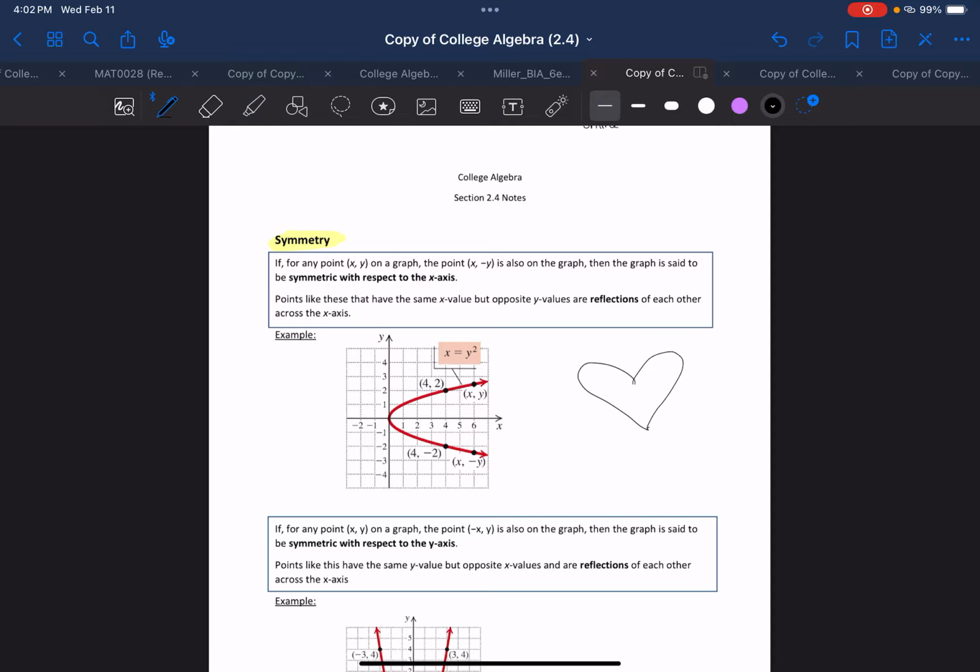Like if I had a heart, we learned that the line of symmetry of this heart goes through the middle because there is a mirror image of the left side on the right side. And if I folded that heart over that blue line of symmetry, it would coincide with each other. It'd be exactly the same. So that's essentially what we are talking about here with graphs.